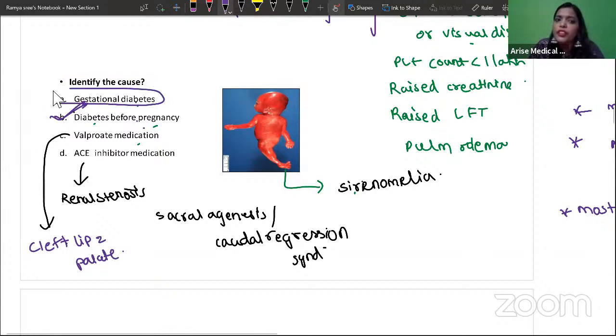Can GDM cause any anomalies? Can GDM cause an anomalous fetus? Absolutely no. GDM never causes an anomalous fetus. Why? Because we usually see GDM in the second trimester.